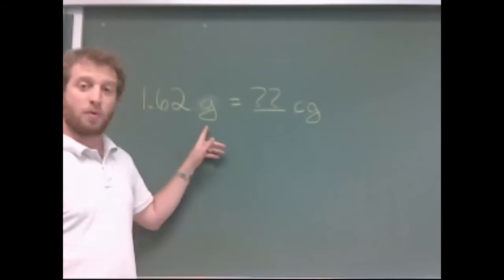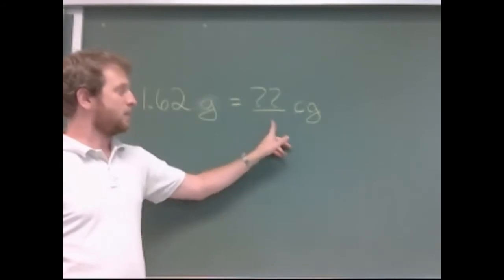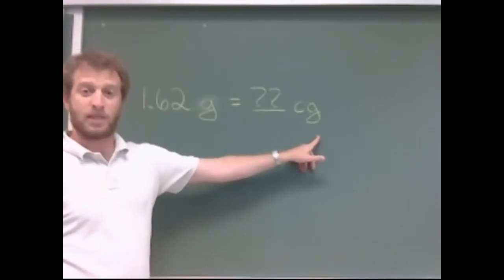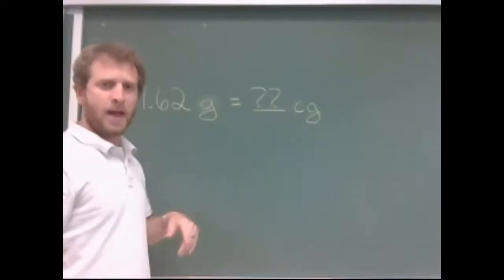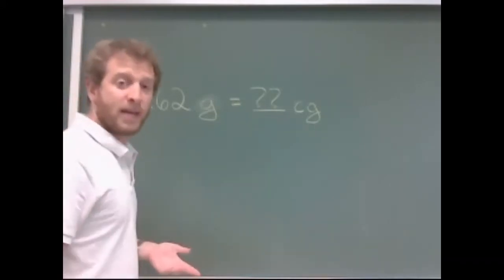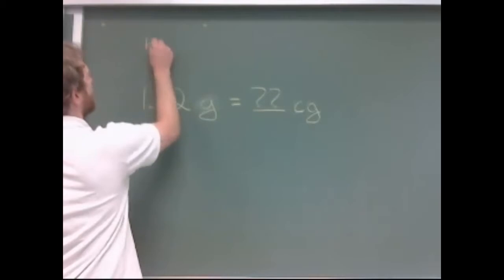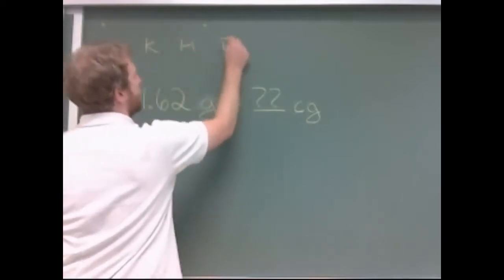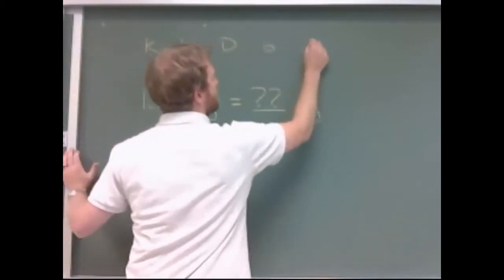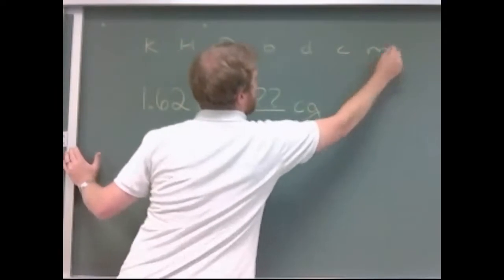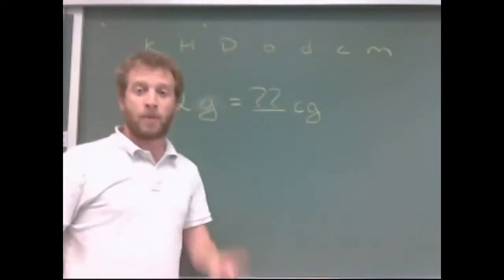This one, I've got 1.62 grams equals some number of centigrams, cg. Okay, so I'm going to start with the same thing, do my King Henry. So I have King Henry died by drinking chocolate milk.